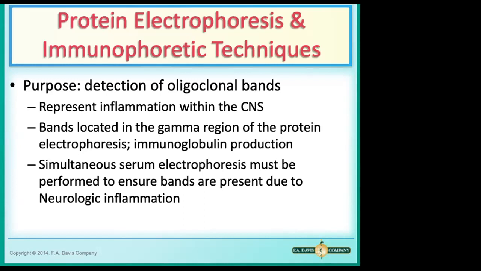Okay, when you have disorders such as leukemia, lymphomas, or viral infections, those can produce banding in the serum, which can appear in the CSF as a result of leakage of the blood-brain barrier. So these are things that we need to determine. We need to determine what is representing systemic and neurological involvement, or any kind of infection, anything that indicates a pathological process.